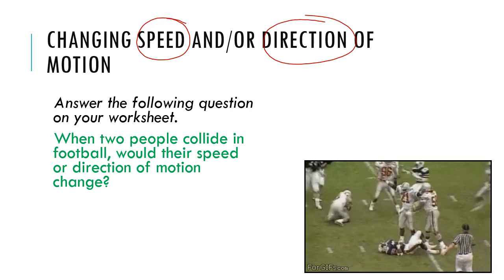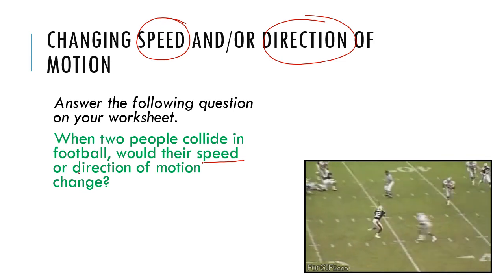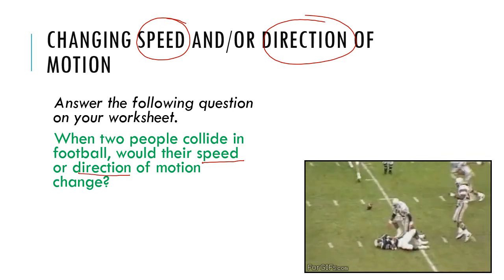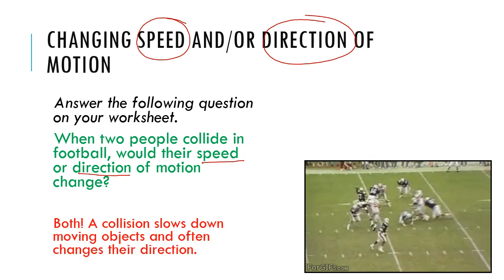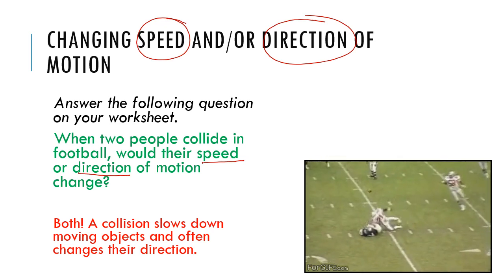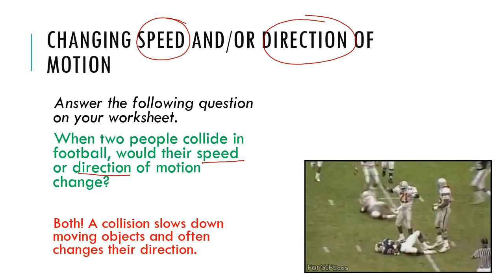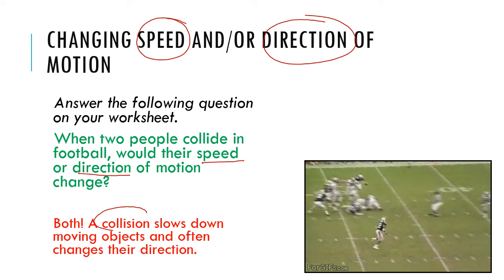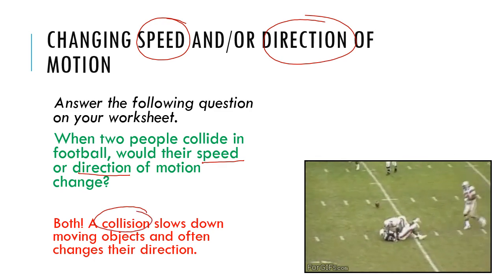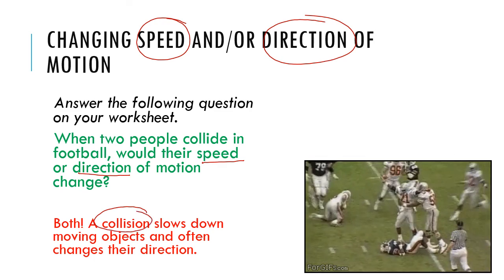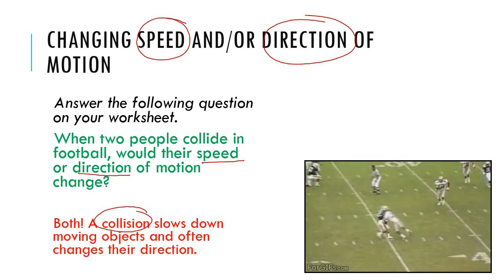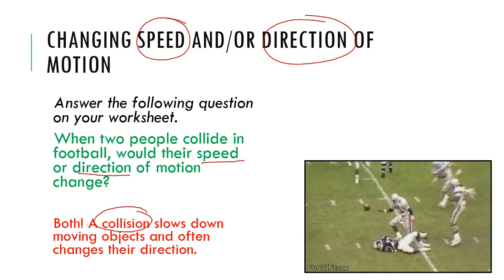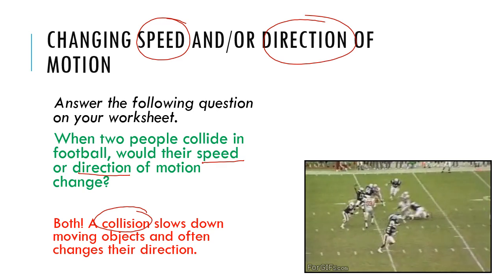So again, if you're thinking about their speed and their direction, if you said both, you are absolutely correct, right? So if they are hitting each other, that's what we call a collision. Notice they're running, and then all of a sudden they slow down almost to a complete stop, right? They fall to the floor.